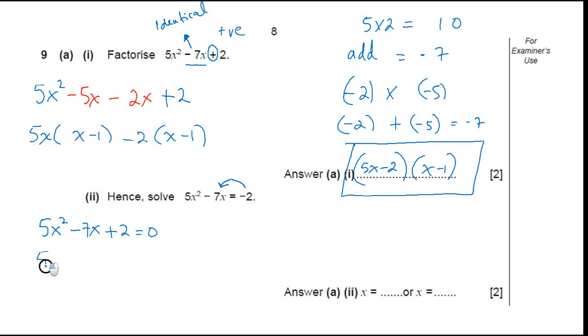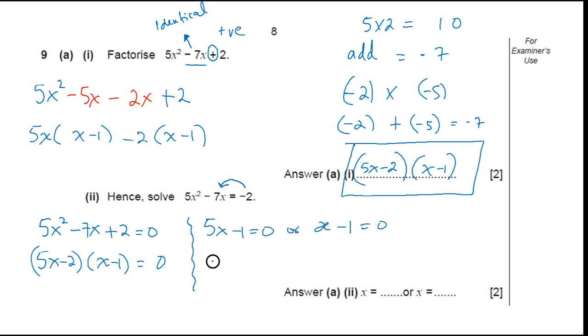So we can just say 5x minus 2 in one bracket, x minus 1 in the other bracket equals to 0. Now here's the thing. If you multiply two things and the answer is 0, it means one or the other one is equal to 0. So this here will be 5x is equal to 2 if you take over, and x will equal to what?